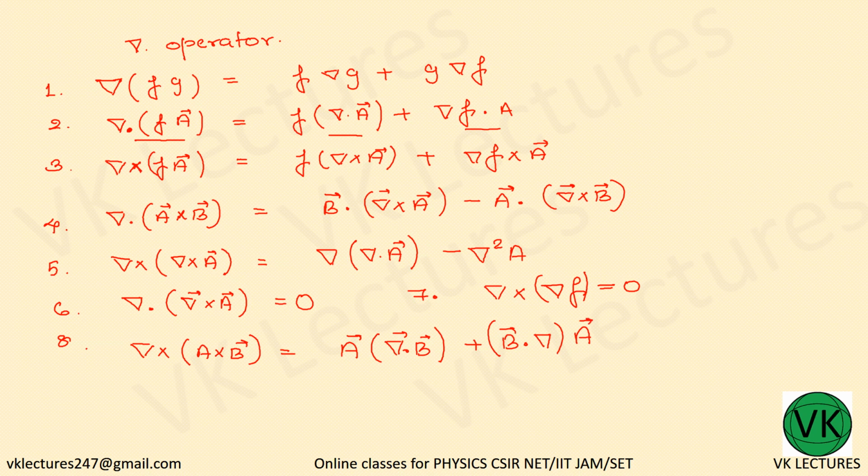So just reverse the order, b dot del into a. Now here you have minus b into del dot a minus a dot del into b. So it becomes much easier for you. This is plus a into del dot b plus b dot del into a minus b into del dot a minus a dot del into b.